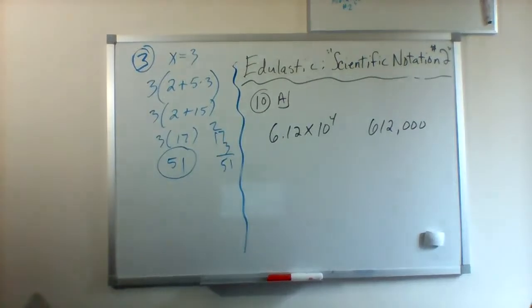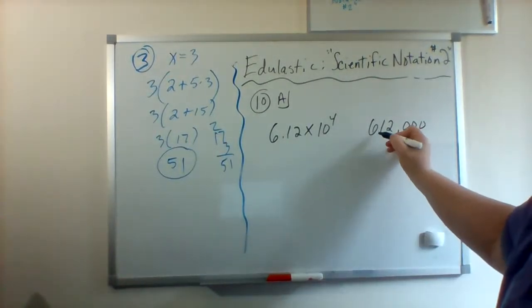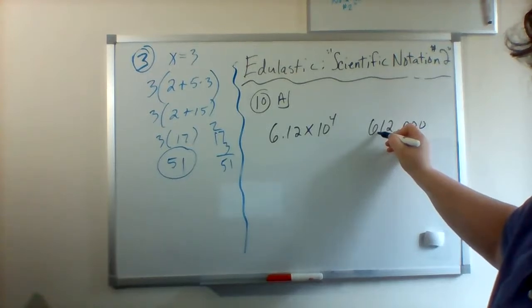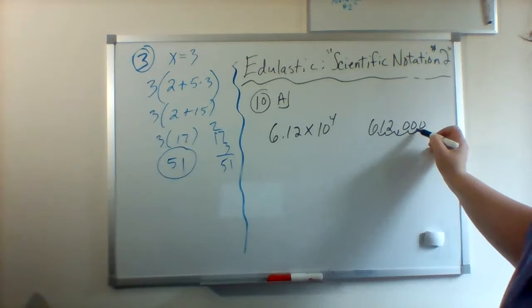All right, so if my decimal point was right here, and I go ahead and I move it, how many times do I move it? 1, 2, 3, 4.